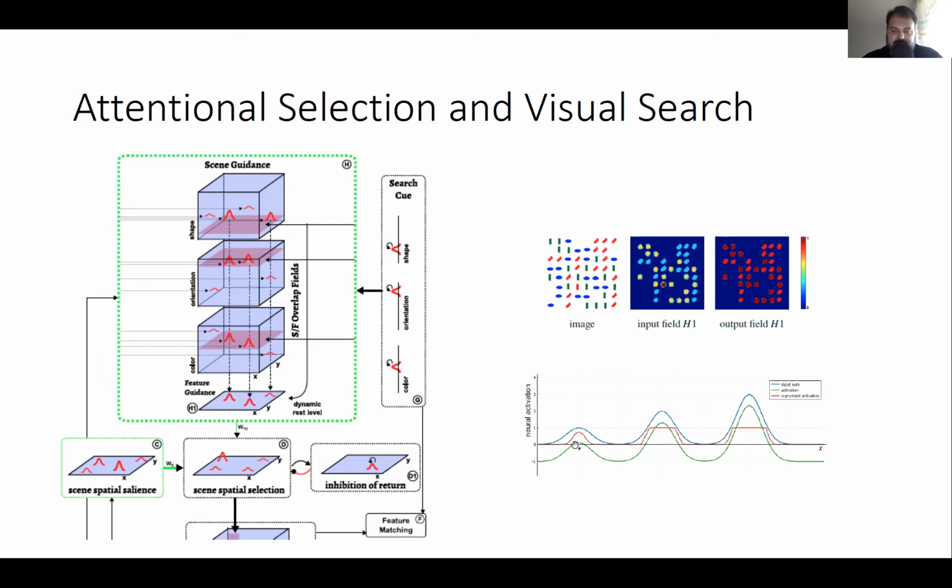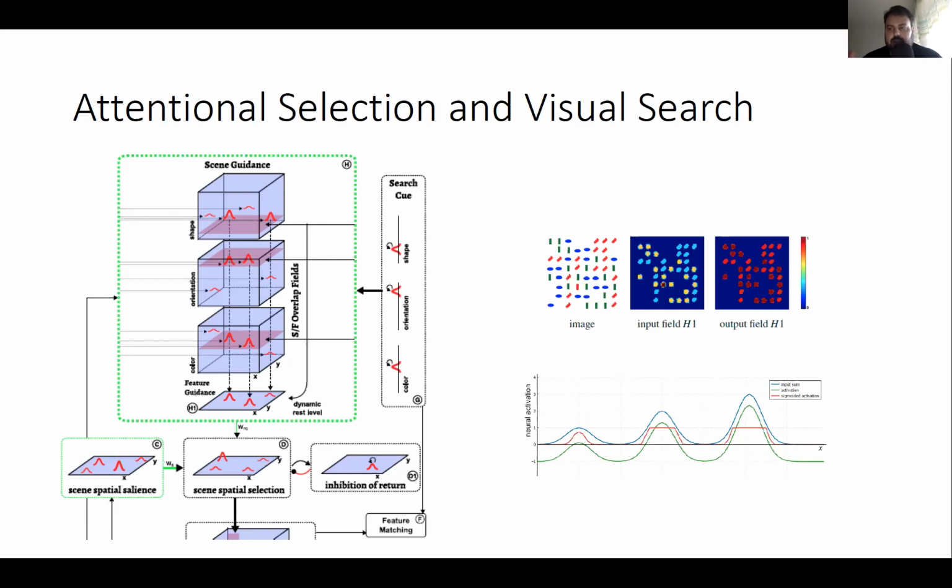The object that shares one feature has a small difference, but small differences are amplified, and from a macroscopic point of view it's a real big difference. This small difference is also important because sometimes this object will get selected, and I will explain in a moment why. But importantly, preattentively there's no difference in this guidance field, in the output of the guidance field, between the target and the distractors.